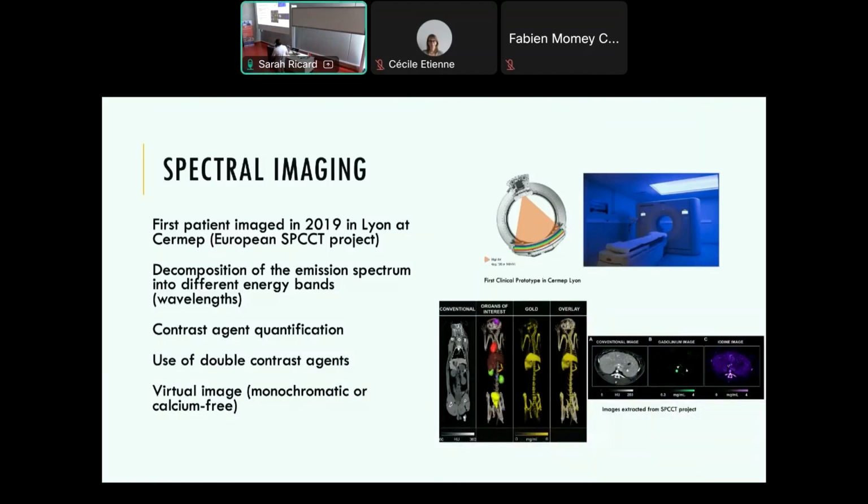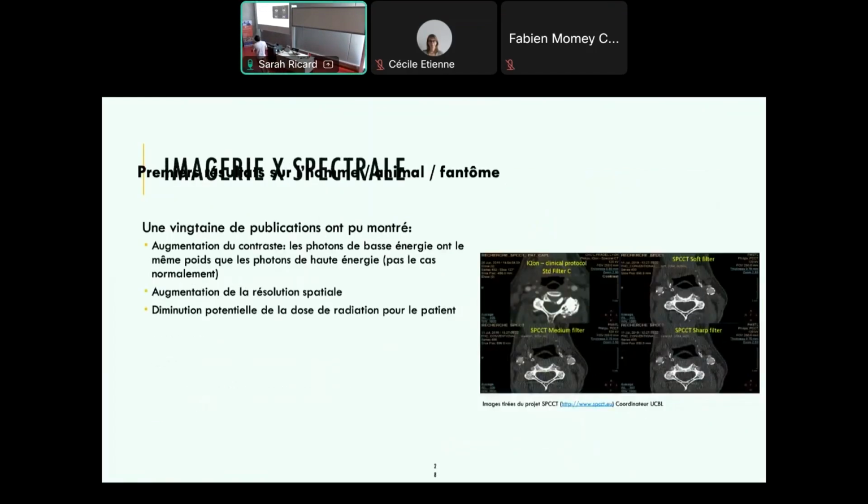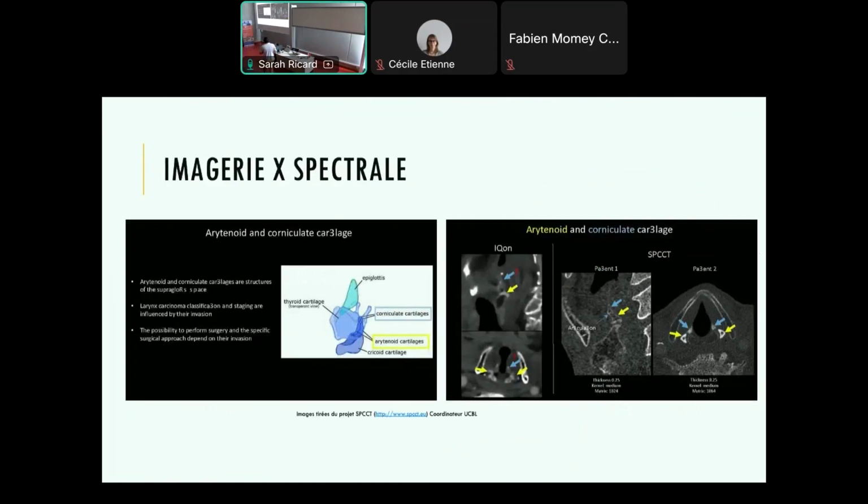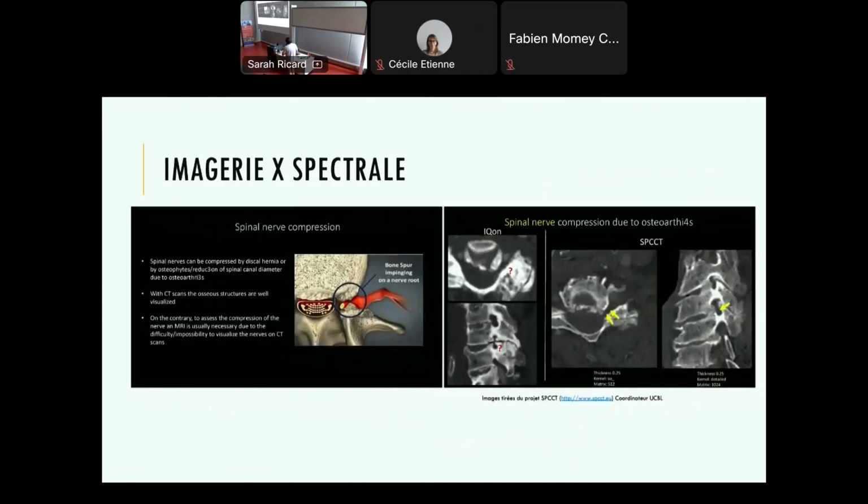And since then, they have shown that it's really interesting for patient imaging, but also for preclinical imaging. For instance, they have published some interesting findings about the cartilage, which is really better than conventional CT, and interesting findings about nerves that have been compressed.